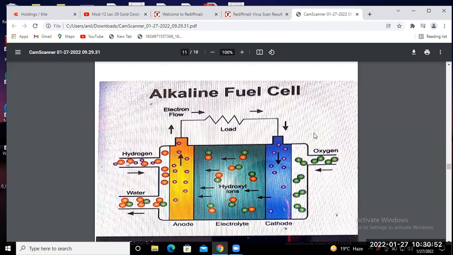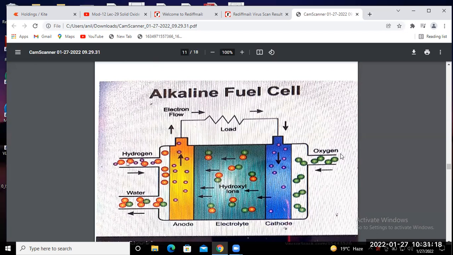This represents the alkaline fuel cell's electrical connection, how we can connect the load with the alkaline fuel cell or alkaline fuel battery. There is the cathode terminal, anode terminal, electrolyte and the load connection, and how we can put in the hydrogen and oxygen.